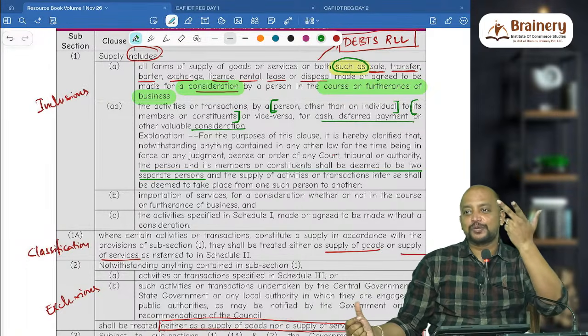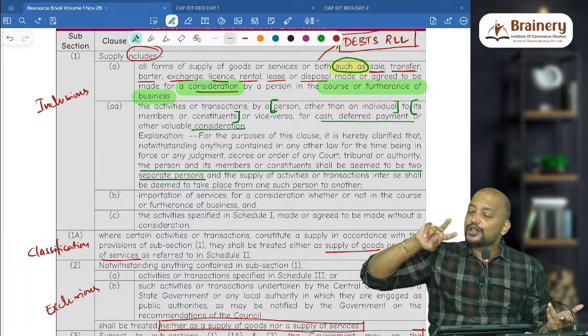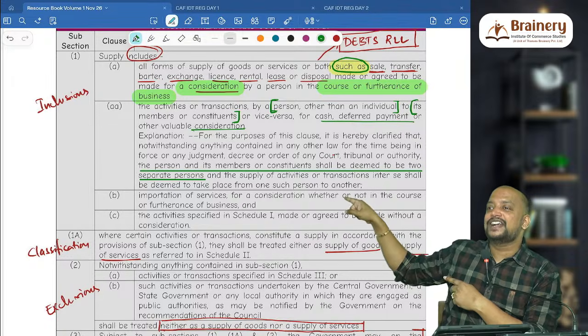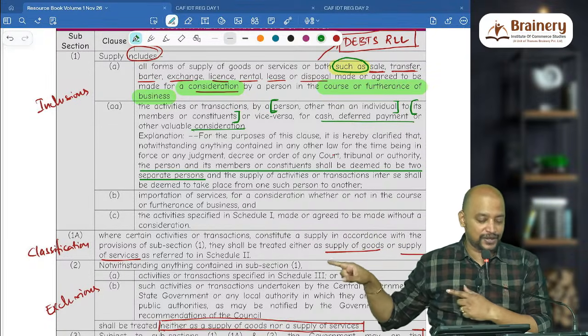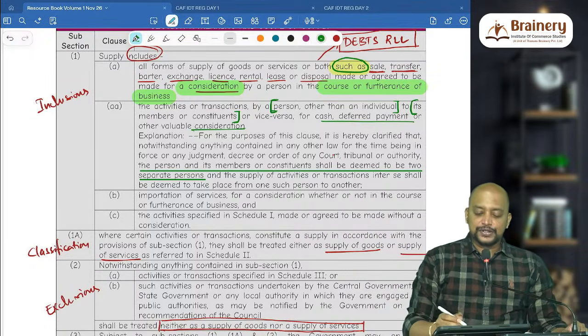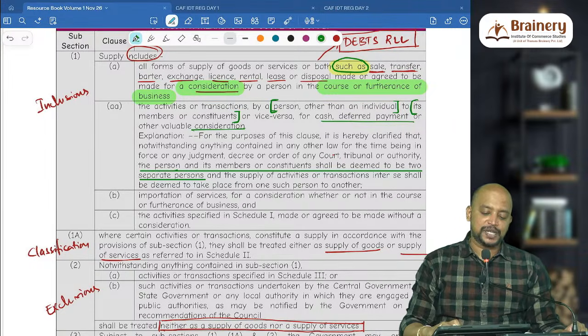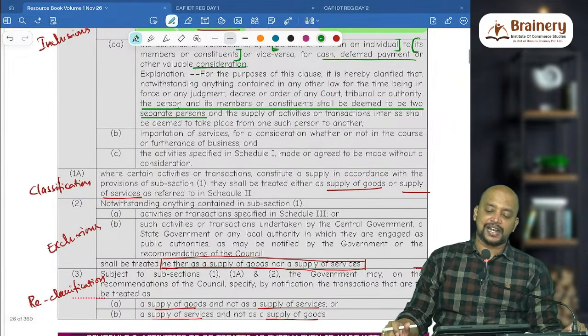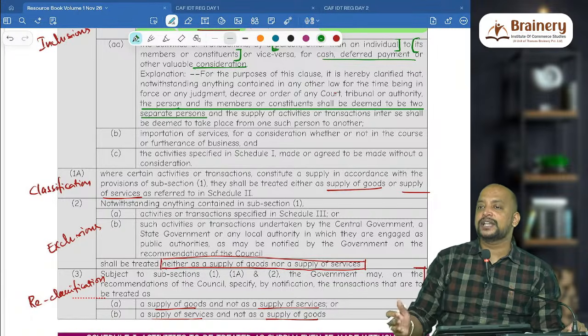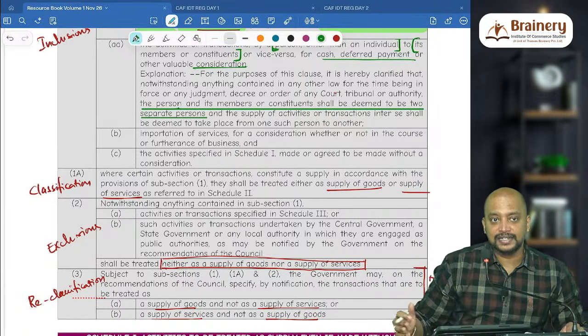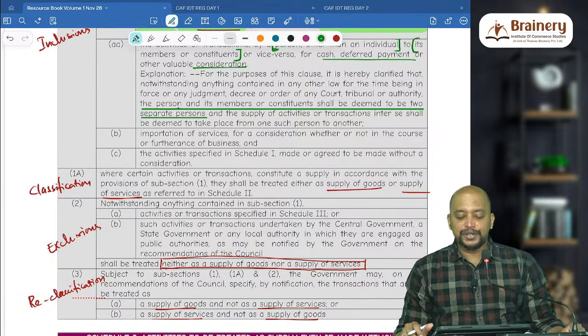Actually speaking, that should be applicable for GST. Now that got overruled through this notwithstanding clause that is added in the section. So the person and its members shall be deemed to be two separate persons, and the supply of activities or transactions inter se, inter se means between them, shall be deemed to take place from one such person to another.